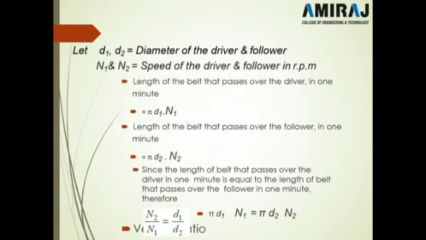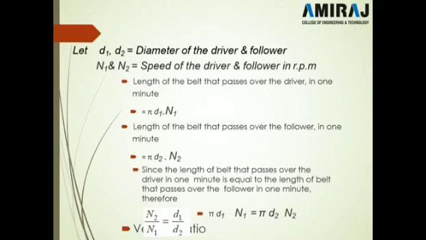Now let's take D1 and D2 as the two diameters of the driver and driven, or you can say the driver and the follower, right? Here the follower is also known as the driven, or you can say also known as the pinion. Now here N1 and N2 are the speeds of the driver and the follower or driven in RPM.